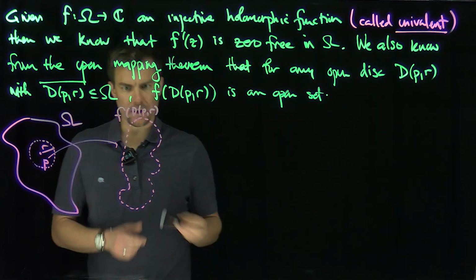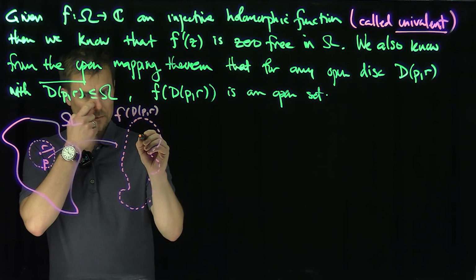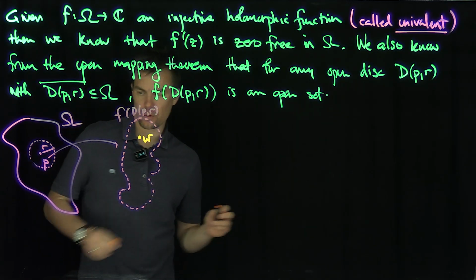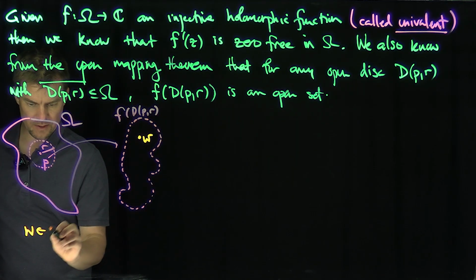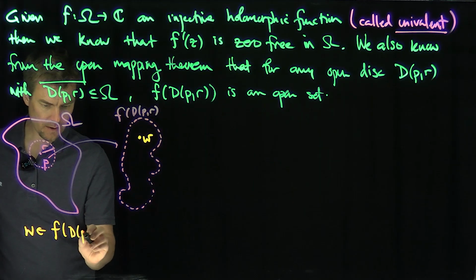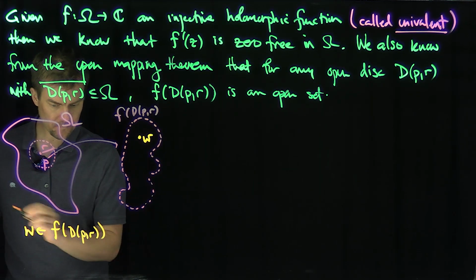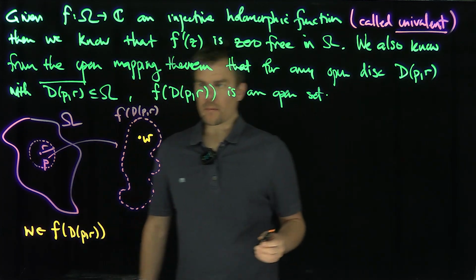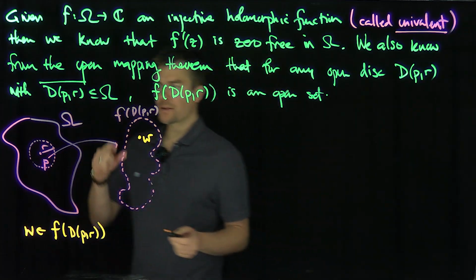Now what I'm going to do is pick a w over here. So w is in the image, so w is in f of D(P, r).